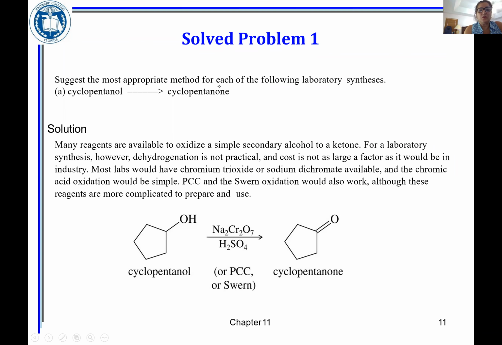Okay, so just the most appropriate method in the lab, what would you use? Would you use sodium dichromate or would you use PCC in this case?